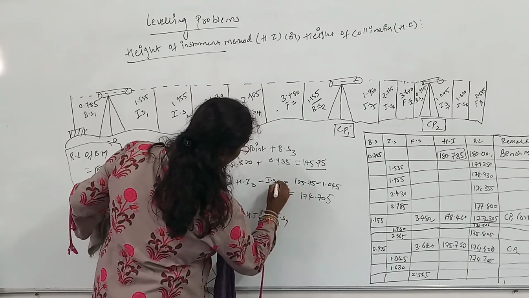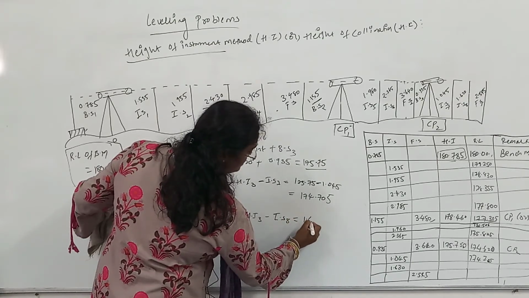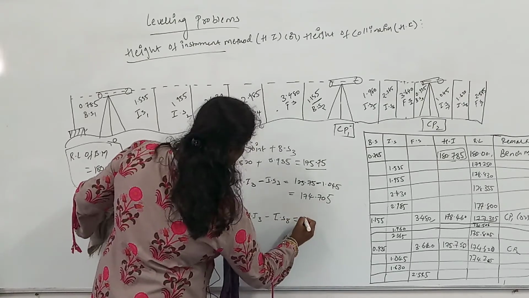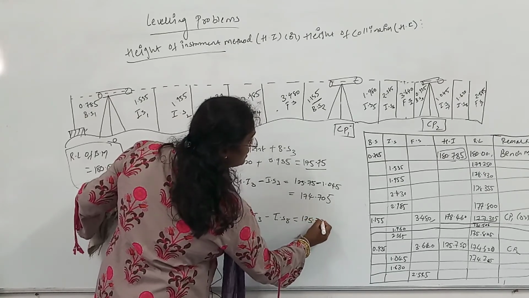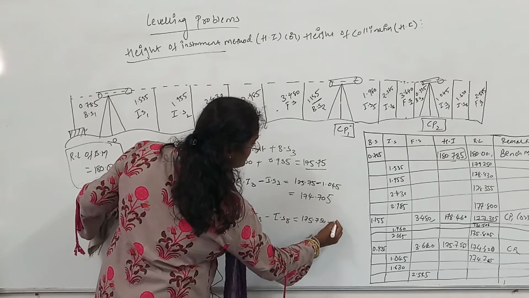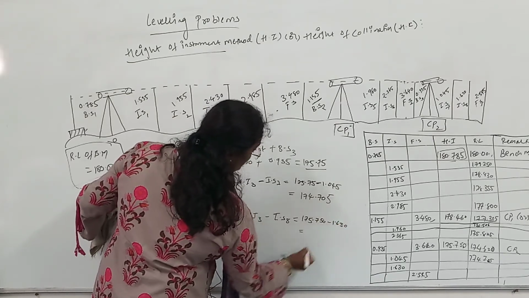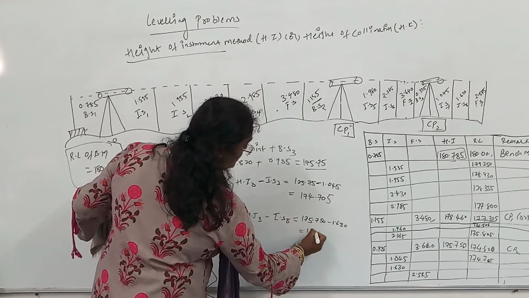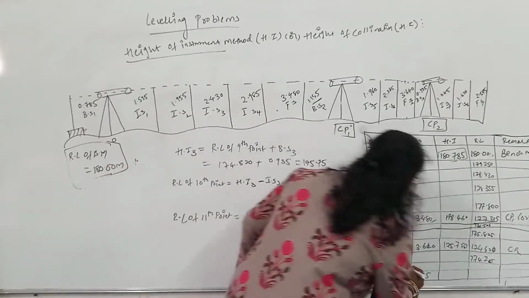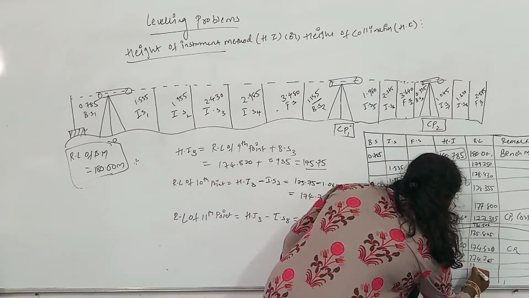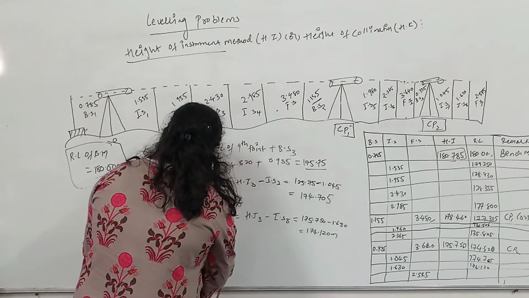I think this is 7, this is 8. 175.750 minus 1.630. What is the value? 174.120.